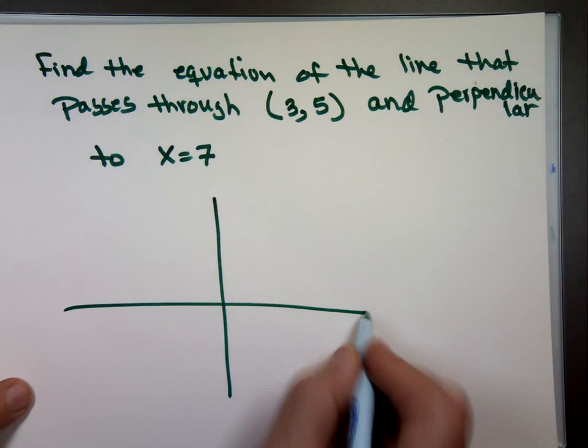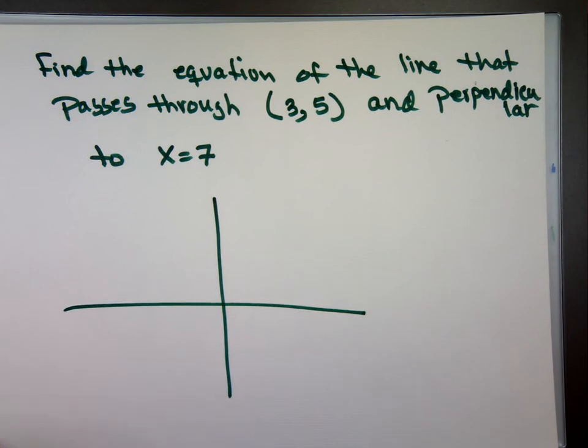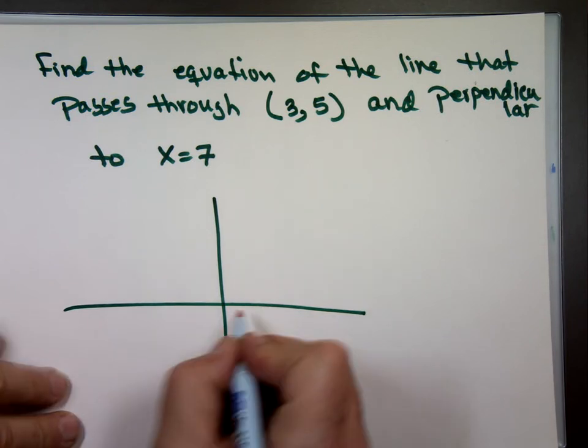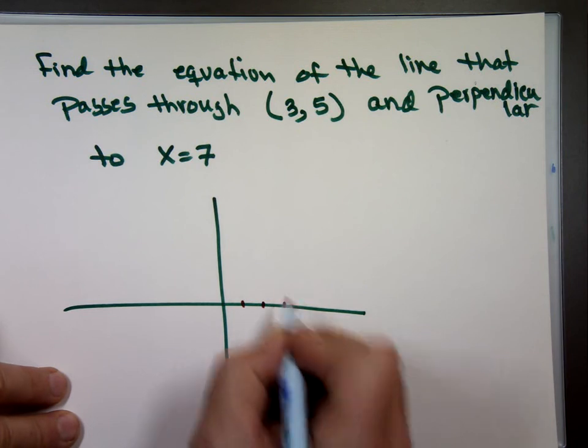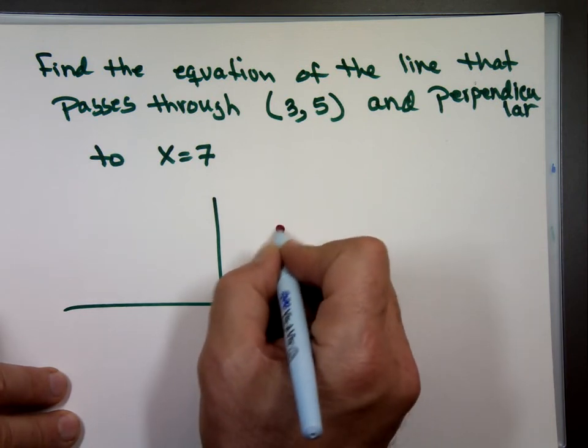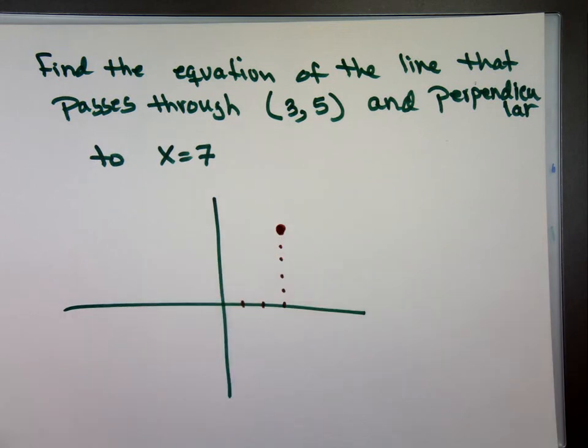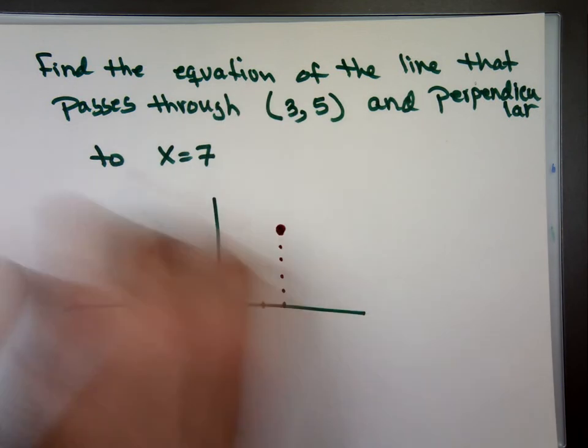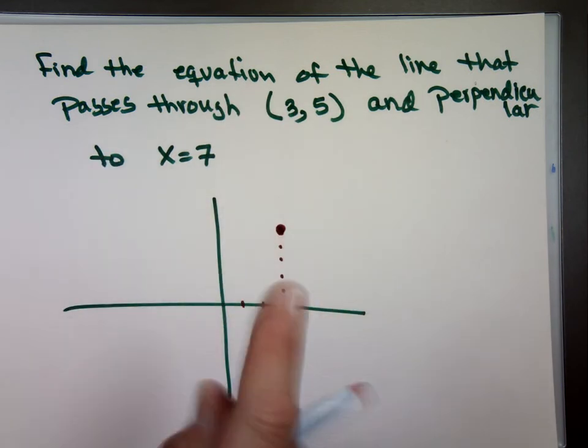Passes through what point? 3 and 5. 1, 2, 3. 1, 2, 3, 4, 5. It passes through that point. It could be multiple lines, infinite, any direction. But it says perpendicular to x equals 7. Where is x equals 7?